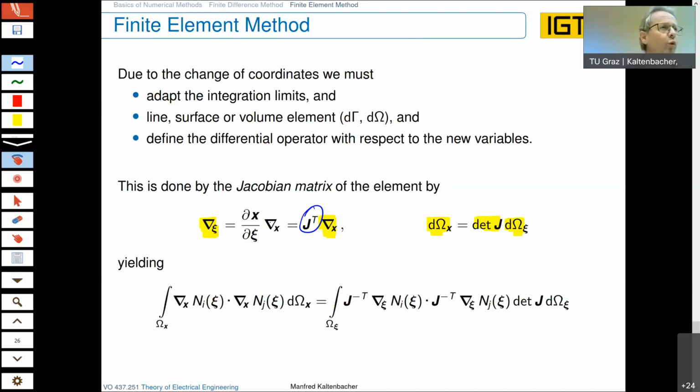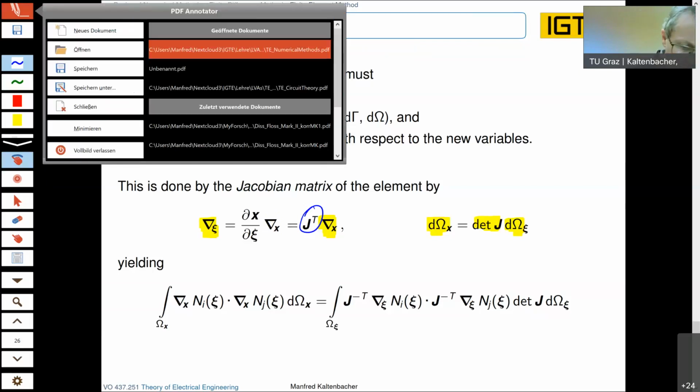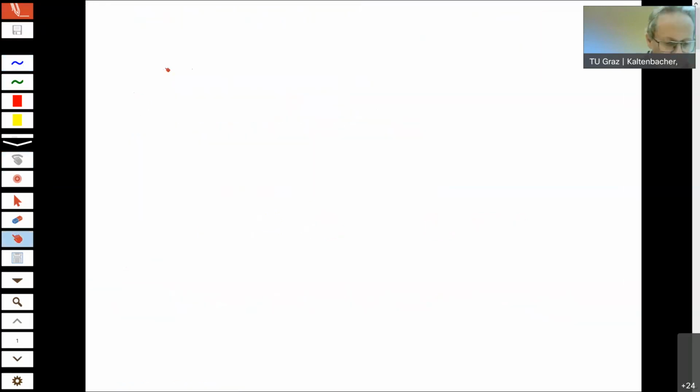Okay, now how to do a derivative of a vector with respect to a vector? Have you ever seen it? In mathematics, you have once. Okay, no problem. We do it. Okay, so as you have seen, we have something like this. We have the derivative of x with respect to psi.